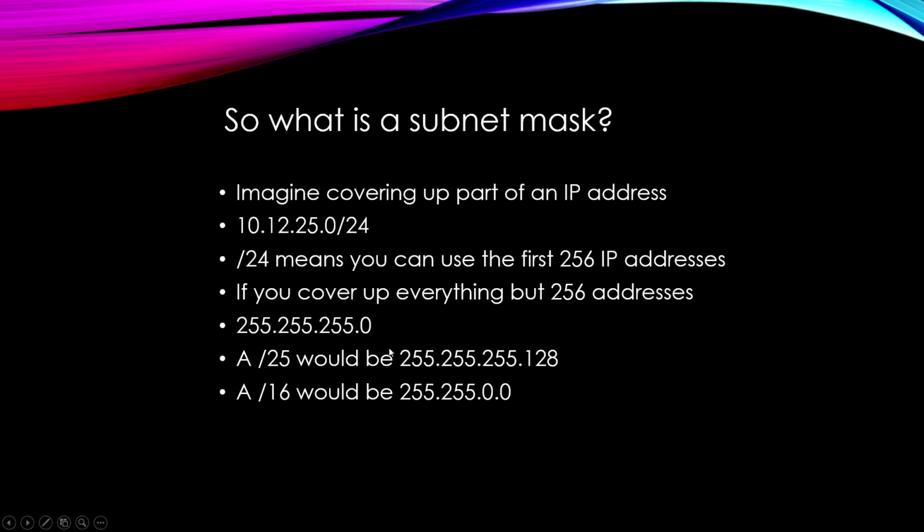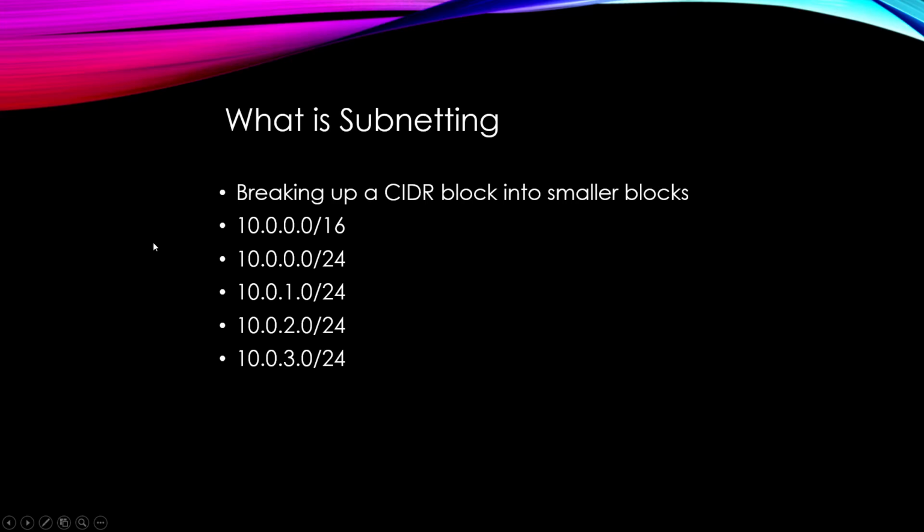The subnet mask would look like you can't use this or this or this, but you can use half of this one. And a /16 would be you can't use the first 2, but you can use any address in the third or the fourth octet. So that's basically subnet masking.